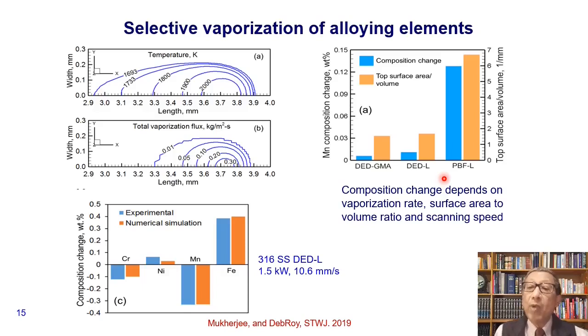So in powder bed fusion, for example, the surface to volume ratio is pretty large because the pool volume is very small. So we see a much more pronounced change in composition in PBF than in directed energy deposition processes. So mechanistic models can predict composition change pretty accurately.